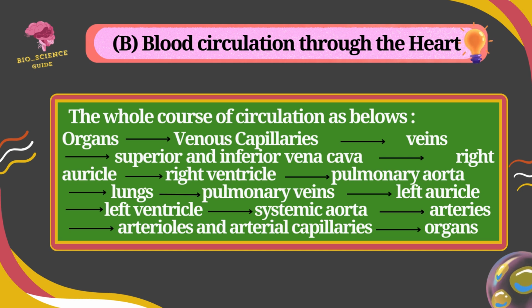As the left ventricle contracts, the oxygenated blood is pumped forcefully through the systemic aorta and is distributed with the help of arteries into arterioles and capillaries to the different organs or parts of the body.